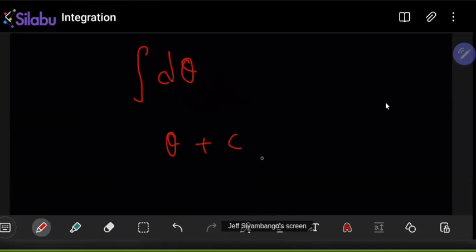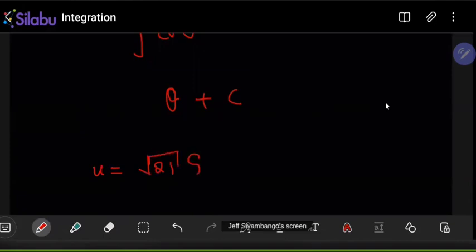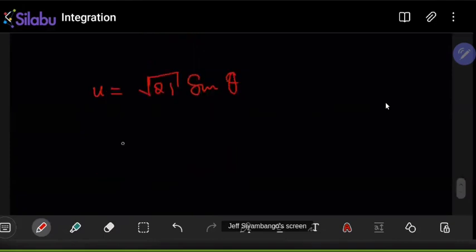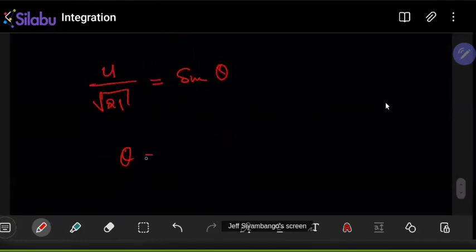But the only difference here is what is theta. By definition, we said u was equal to root 21 sine theta. This implies that you have u over root 21 equals sine theta. So theta will have to be sine inverse of u over root 21. So this is what you bring into this expression.